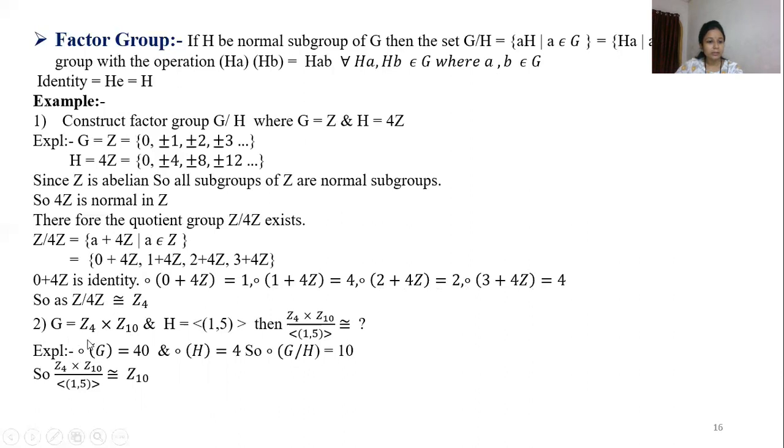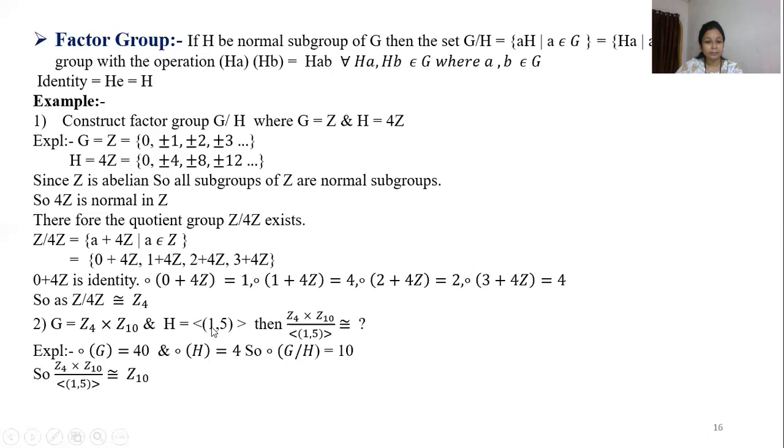Consider another example: Z4 cross Z10 is the group G and H is generated by (1, 5). Then this quotient group Z4 cross Z10 upon the subgroup generated by (1, 5) is isomorphic to what? What is the order of G here? 4 times 10, that is 40. What is the order of H here? How to find the order of H?